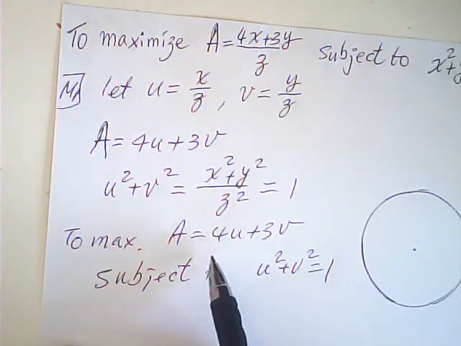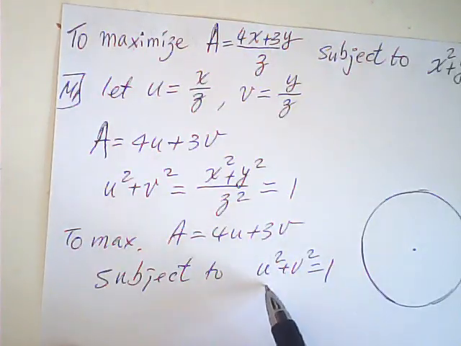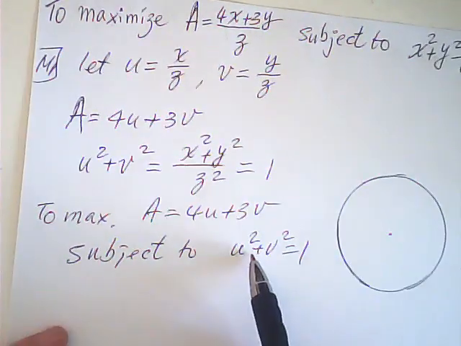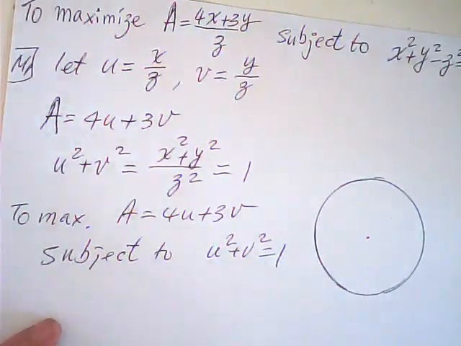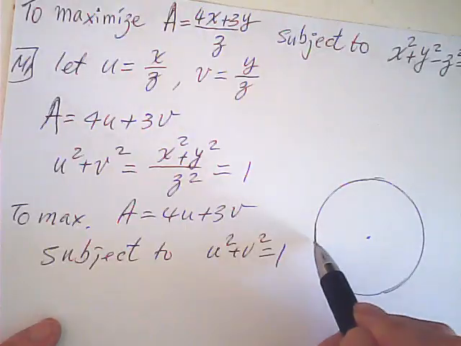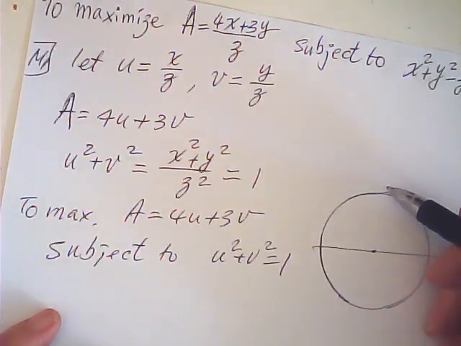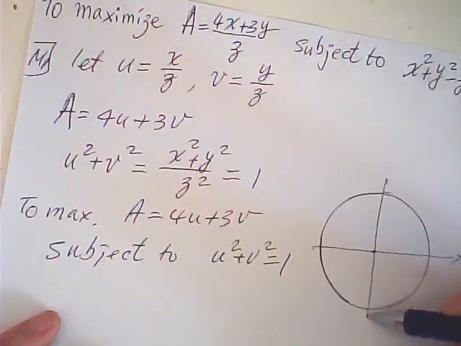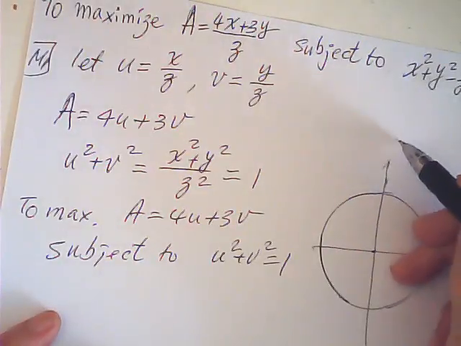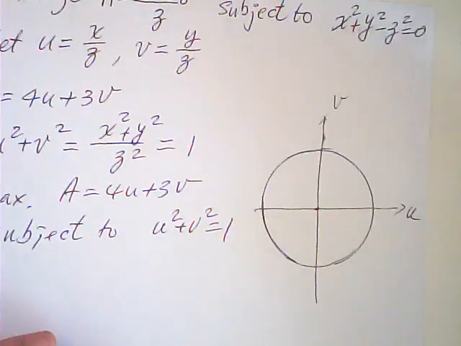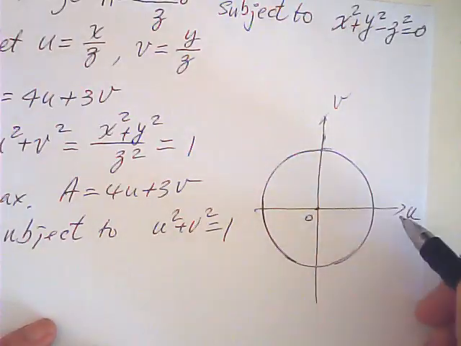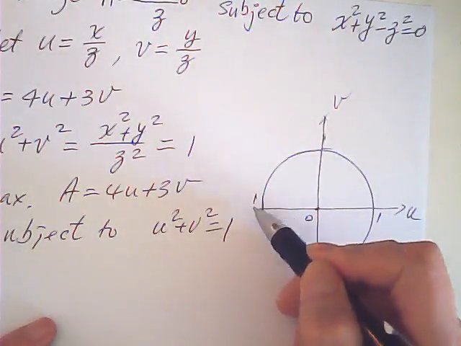So this is our objective function. This is our constraint. U squared plus v squared equal to 1 is a circle, right? This is u, this is v, and the radius is equal to 1.